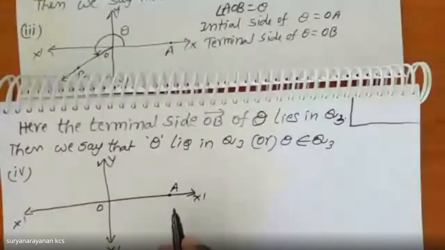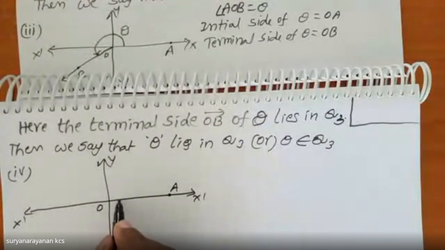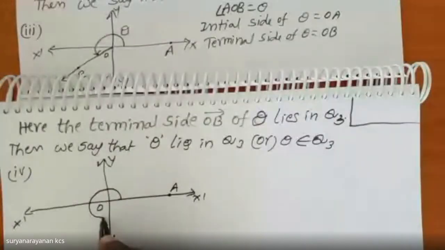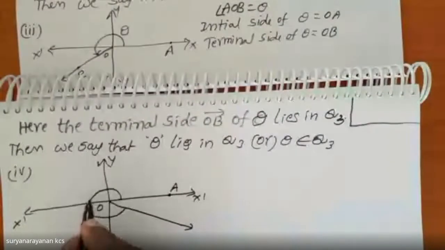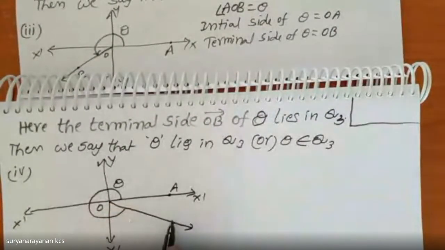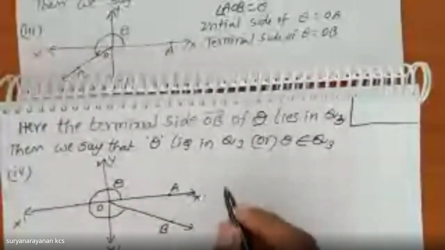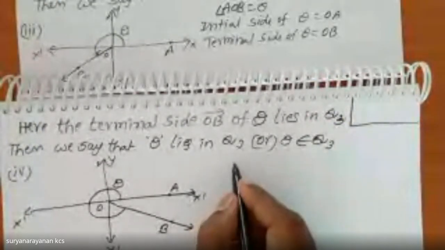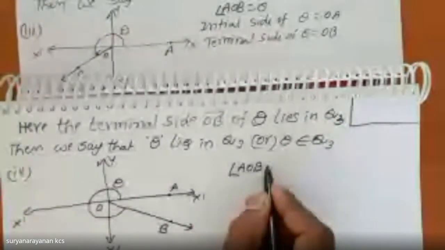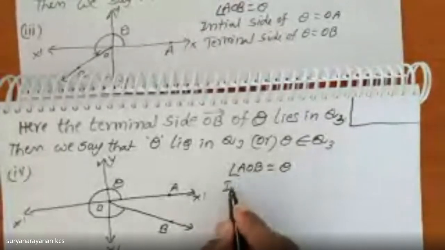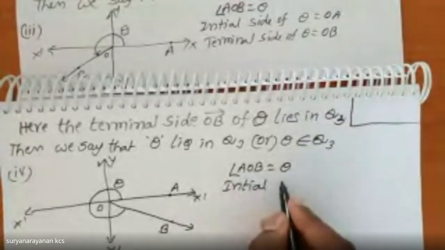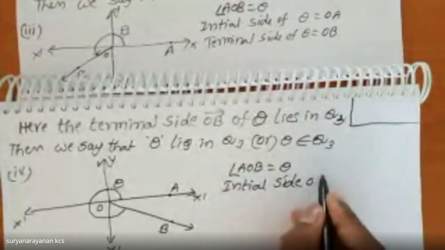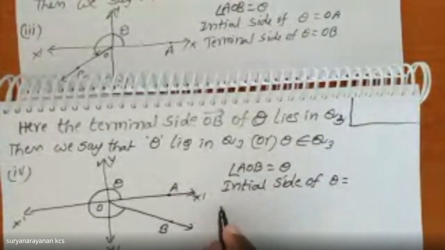Here, the initial side of the angle theta is OA and the terminal side is OB. Angle AOB is equal to theta.